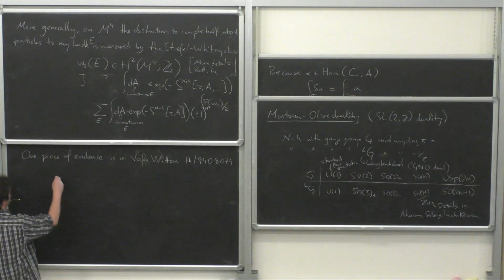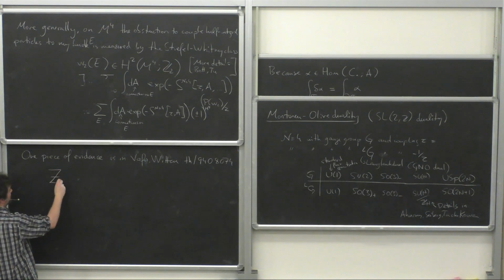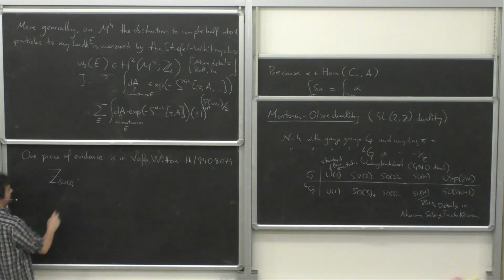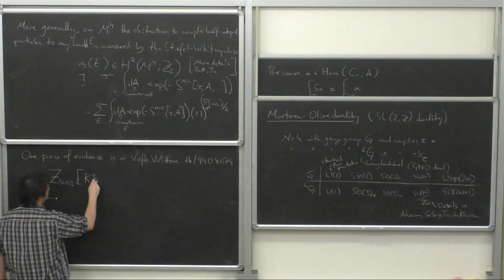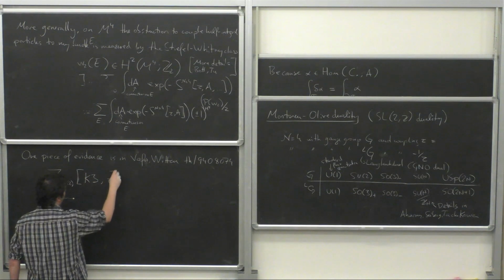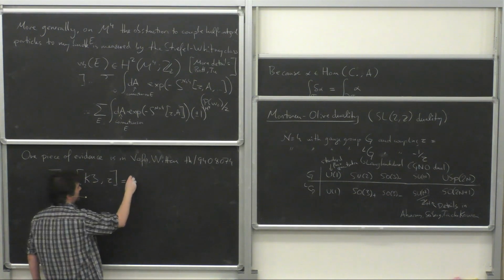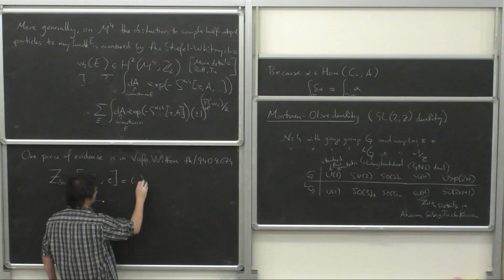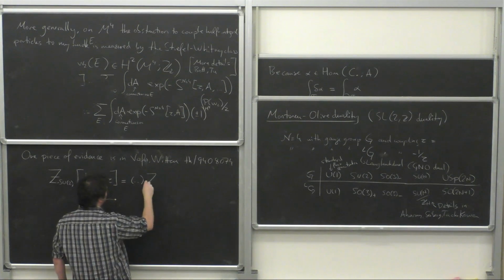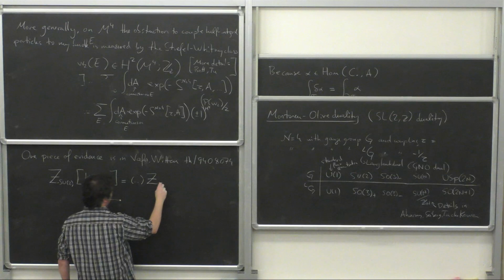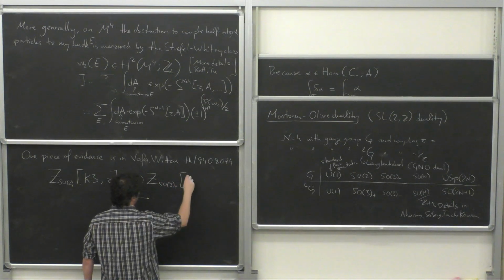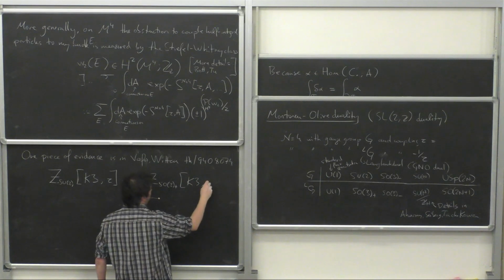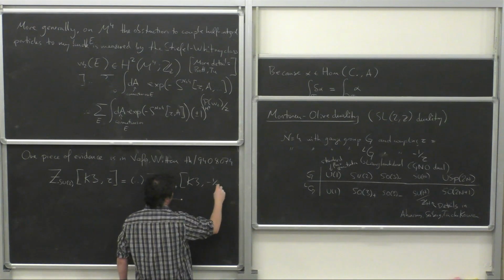Where they show that, among other things, not the only thing they show, you take the partition function of SU2 on K3 with coupling tau. This is equal, up to some factors that don't matter too much for this discussion, to the partition function of SO3 plus on K3 with minus 1 over tau.